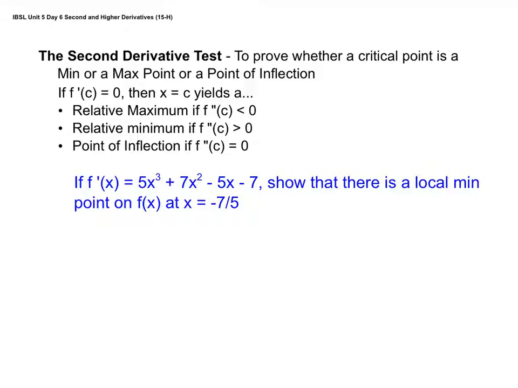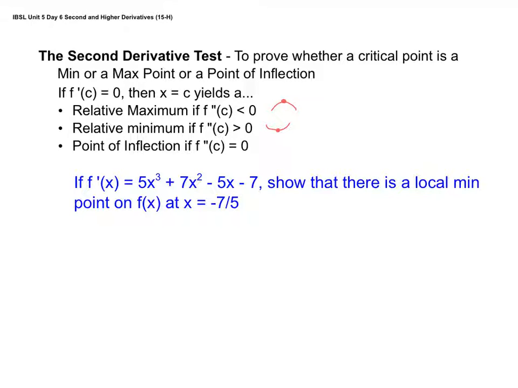It'll be a relative maximum if the second derivative is negative at C, because that means that it is concave down, so you have a max point. That's how you're getting a max point. It's going to be concave down. You're going to have a relative min point if the second derivative is positive, because it's opening like this. You're going to have a minimum value there. Okay?